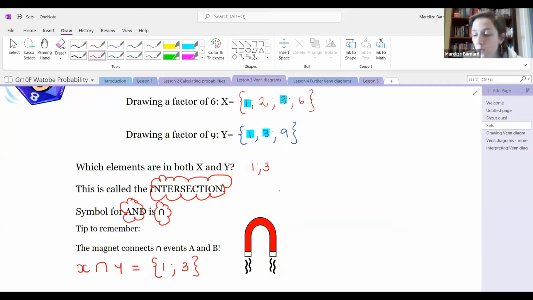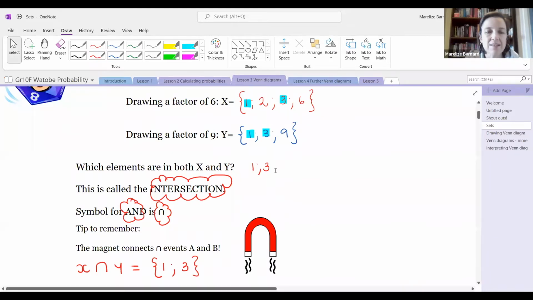So intersection, things they have in common, the elements that are in both sets, all of those ideas go together.